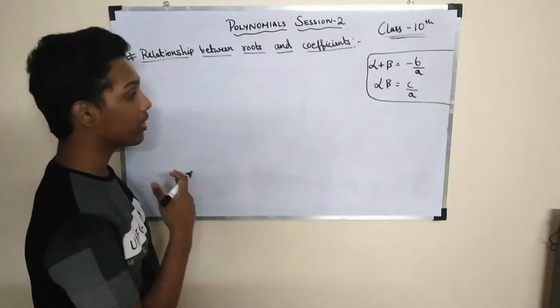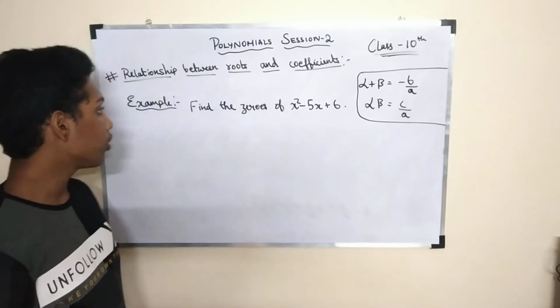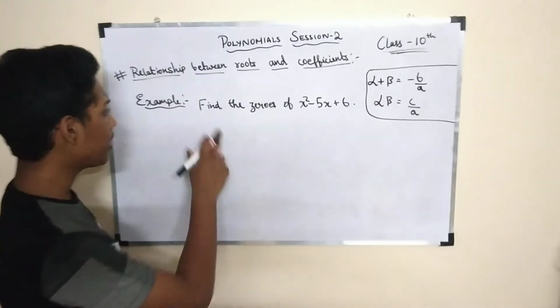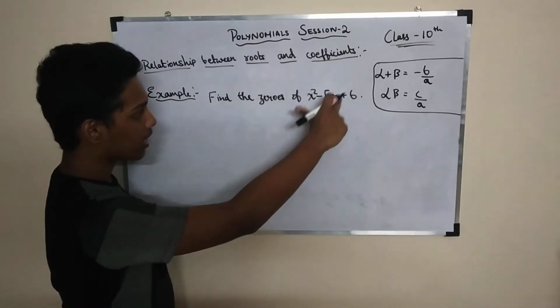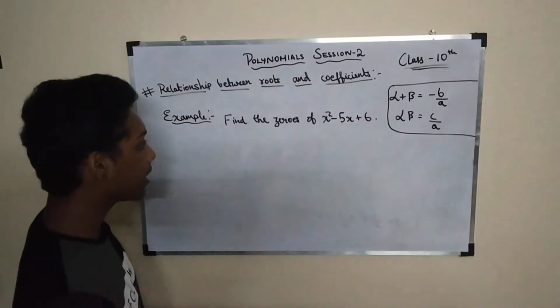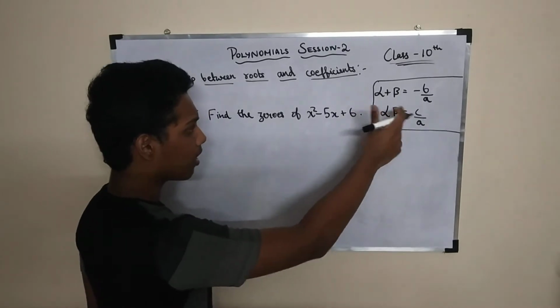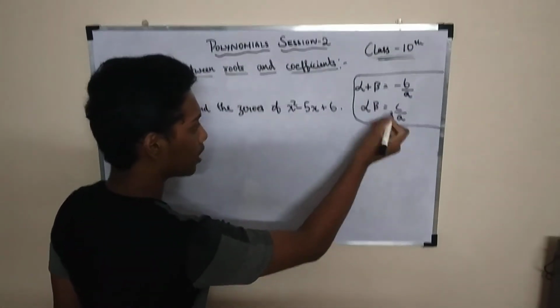Let's go with the first example. The first question says, find the zeros of x square minus 5x plus 6. Now let's use these formulas. Alpha and beta are the roots. This is one root, this is one root, these two are also roots.